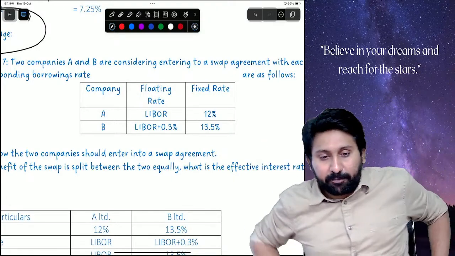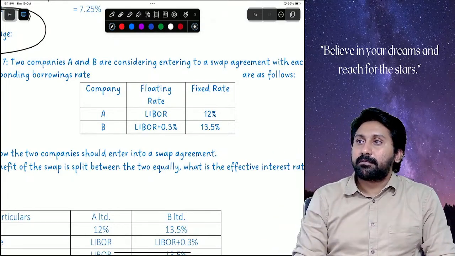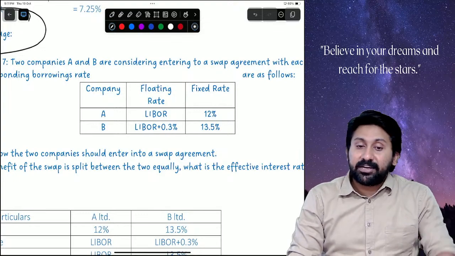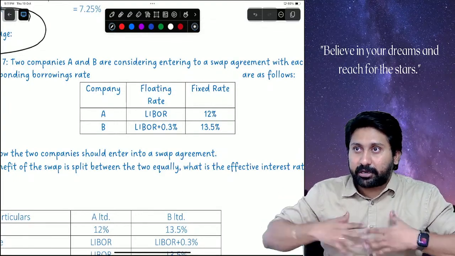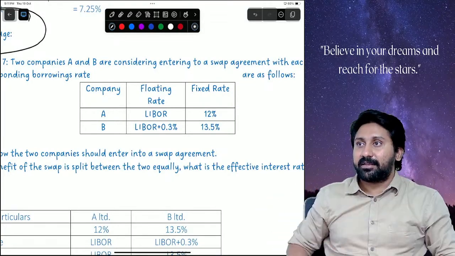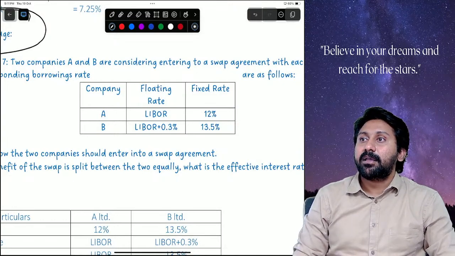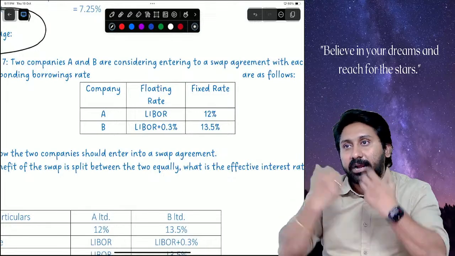Sir, I will explain the point clearly. See here. Who is in more risk? B. Who is in less risk? A. Since A is in a less risky zone, A can take risk. Risk means uncertainty you can take.